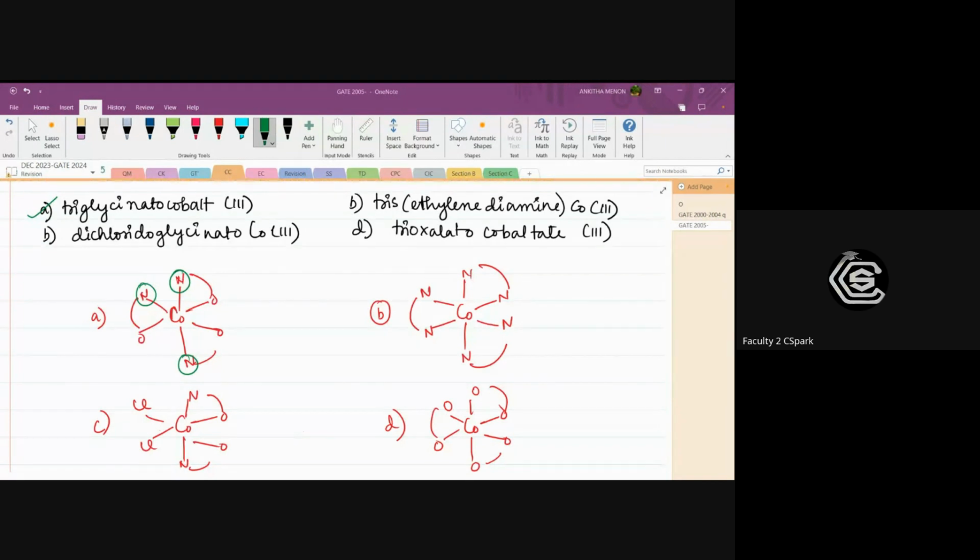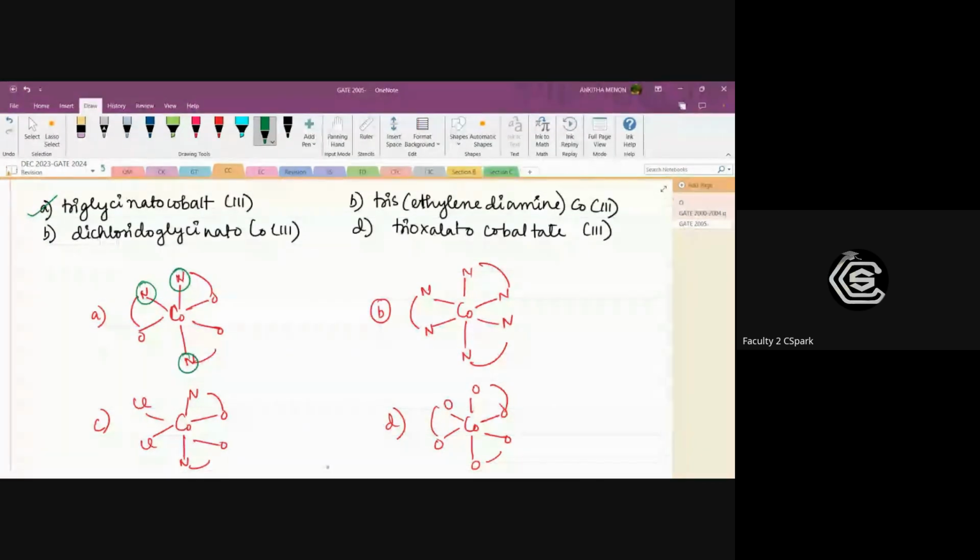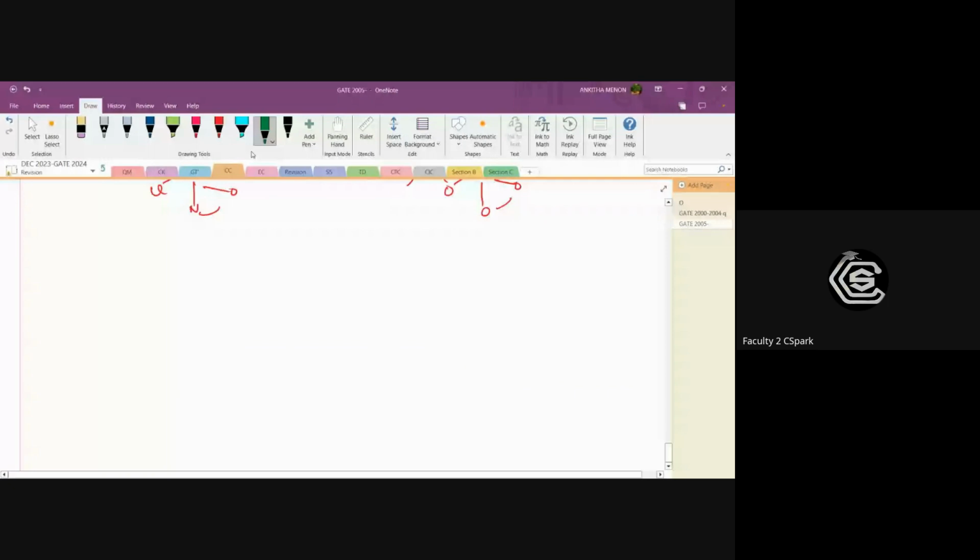All right, so maybe we can continue. So this was the 16th question. 17th question. Question number 17, we did a variation of this yesterday.